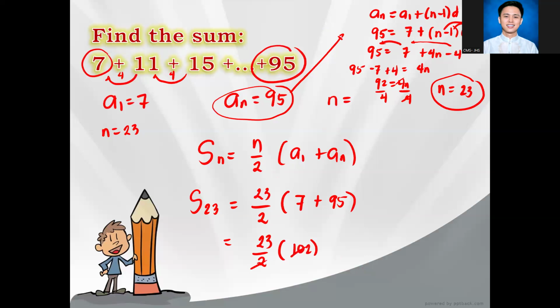You can cancel out 2 here. So 102 divided by 2 is 51. And then simply multiply 23 and 51. So that is 1,173. So the sum of the 23 terms starting from 7 going to 95 is 1,173. So this is our lesson, arithmetic series.